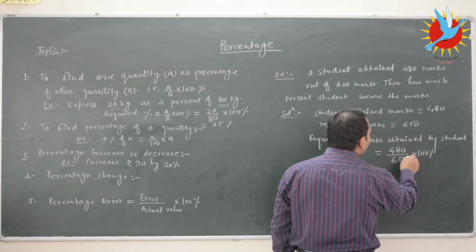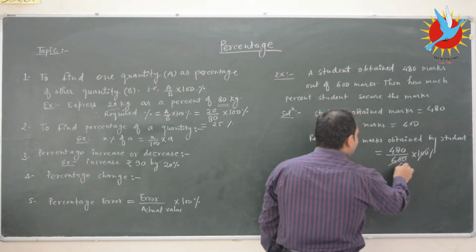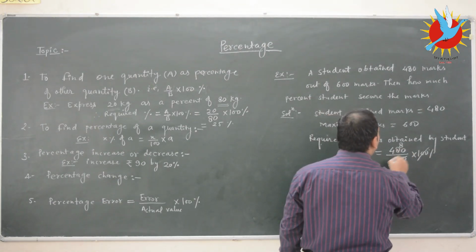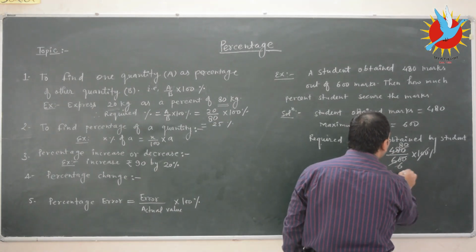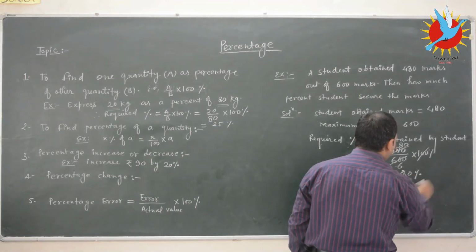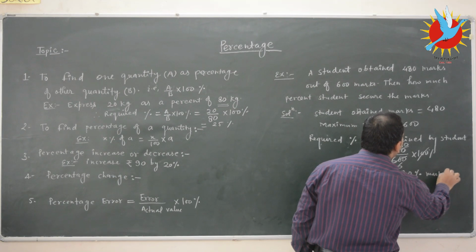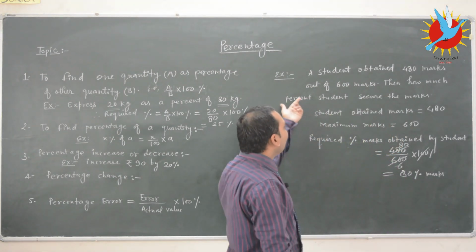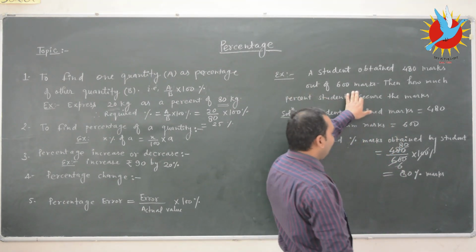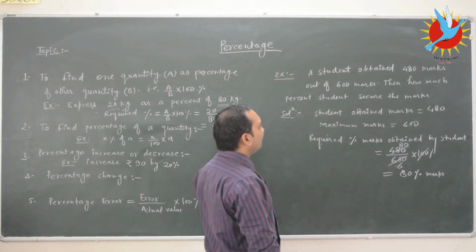Which is equal to, 6 times 8 is 48, so 80% marks. The student obtained 80% marks in the class.